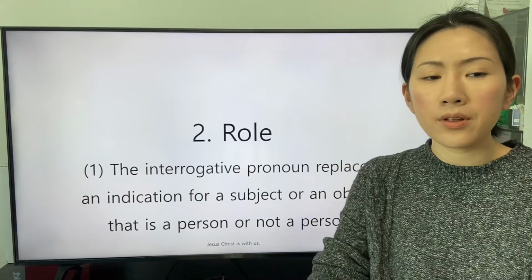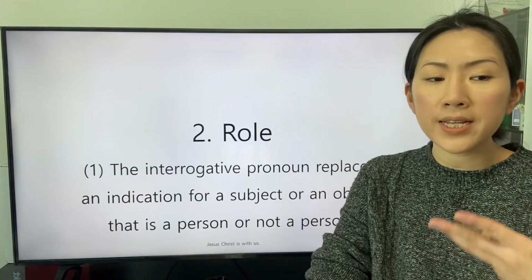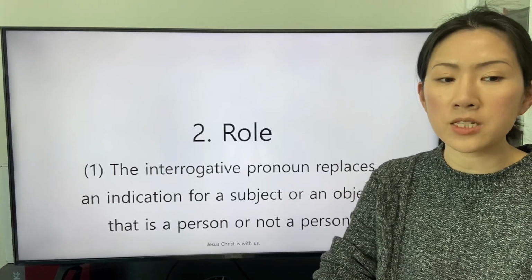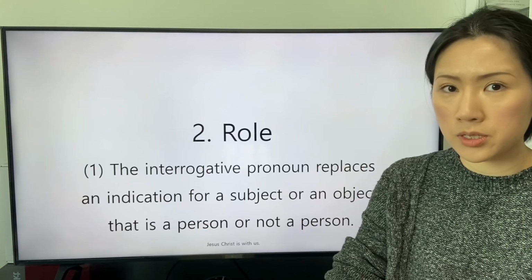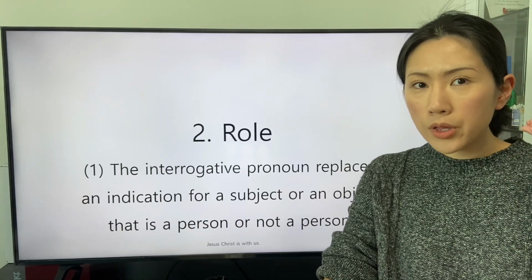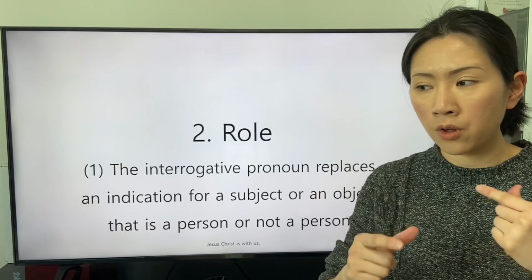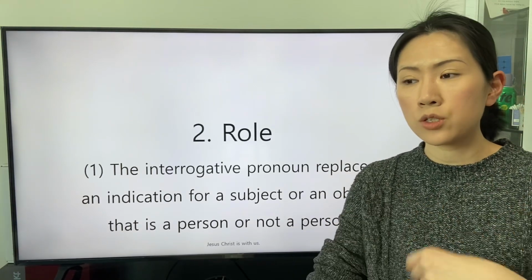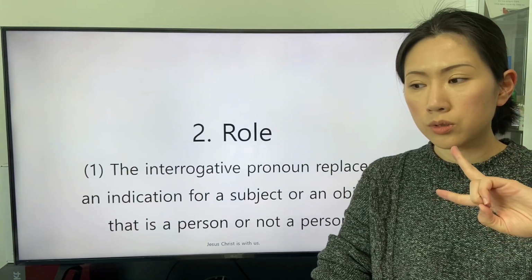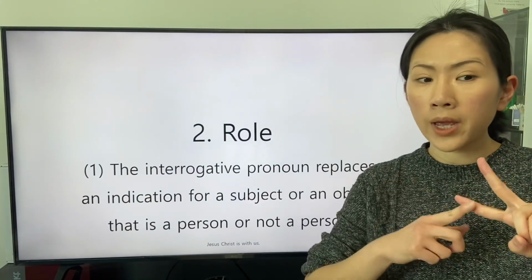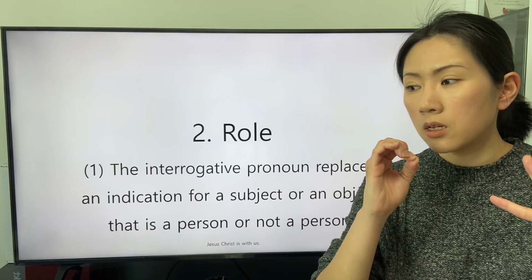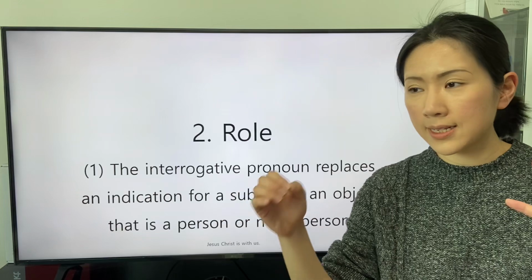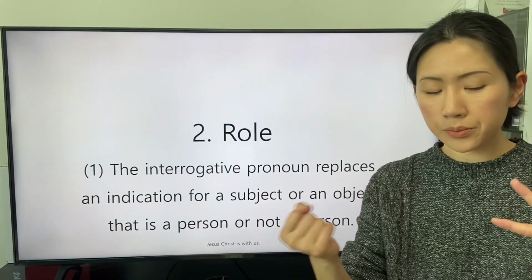The interrogative pronoun replaces an indication for a subject or an object that is a person or not a person. The subject or object is classified into two ways. The first way is about the subject or object as a person.